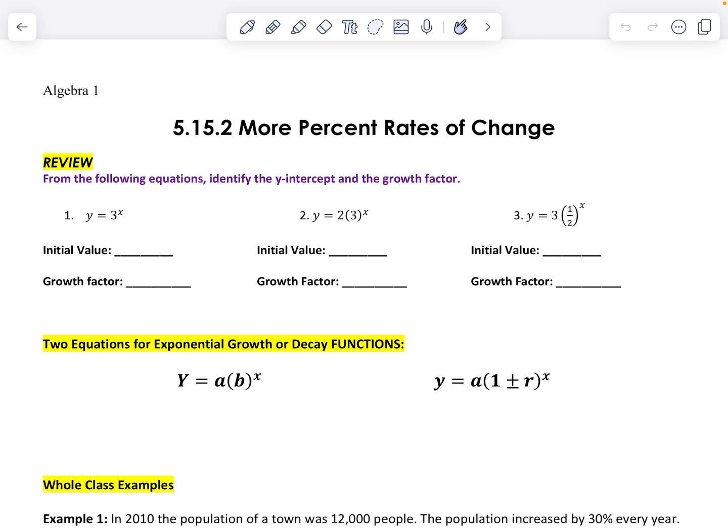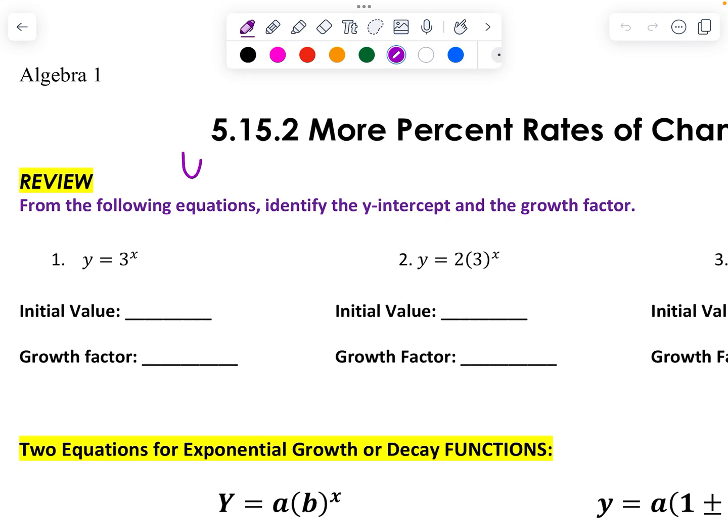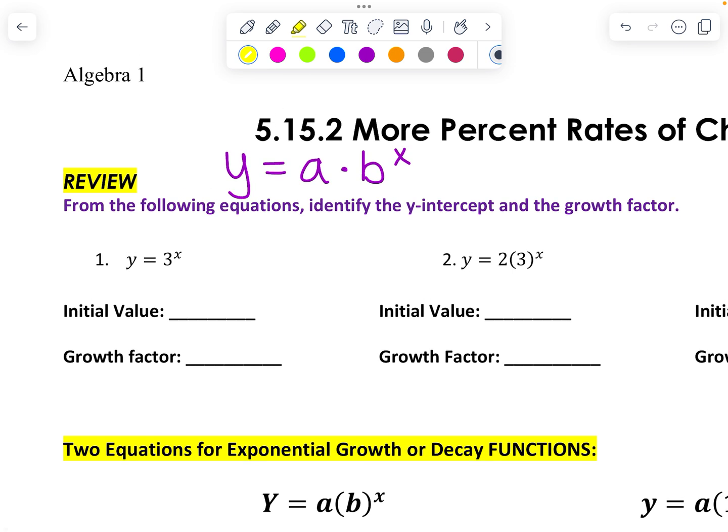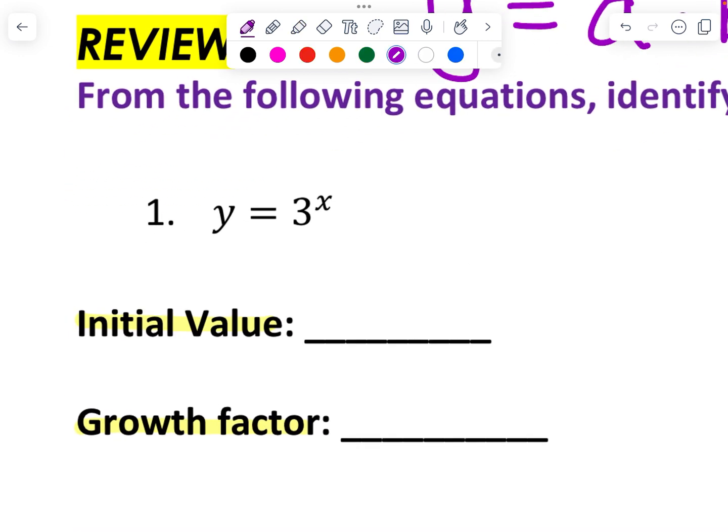We're going to first review our old equation, which is in the form y equals a times b to the x. We should be able to identify the initial value and the growth factor for each equation. Now, equation 1 starts off a little tricky because we only have one number here.